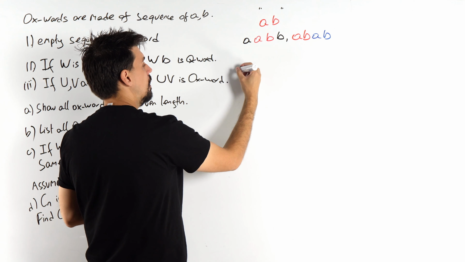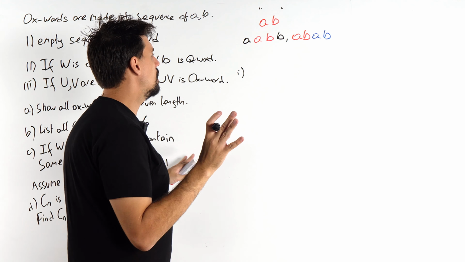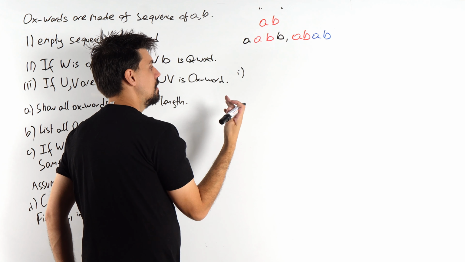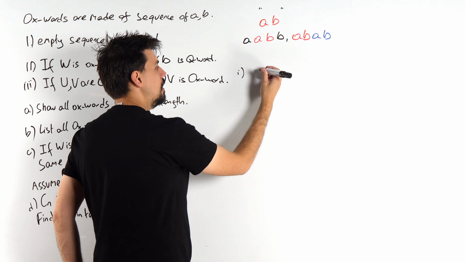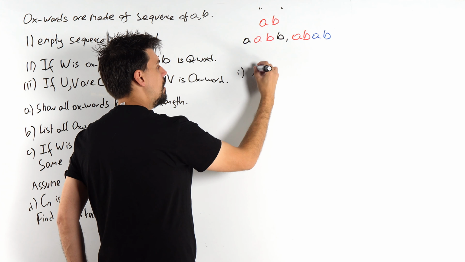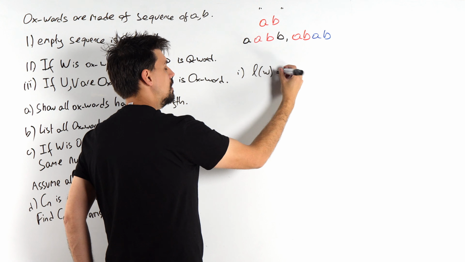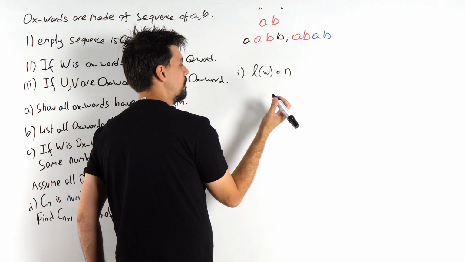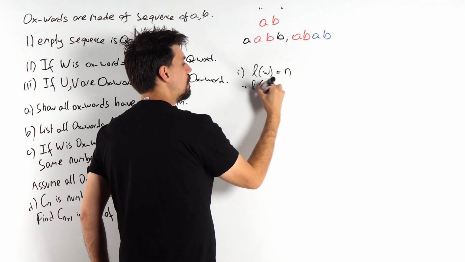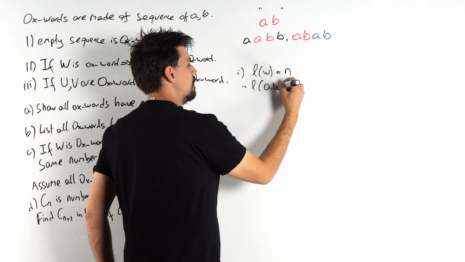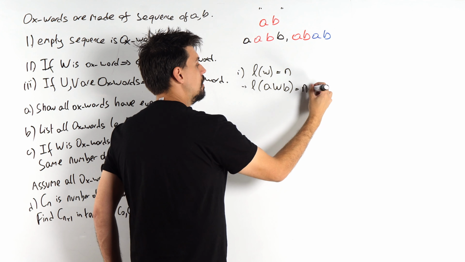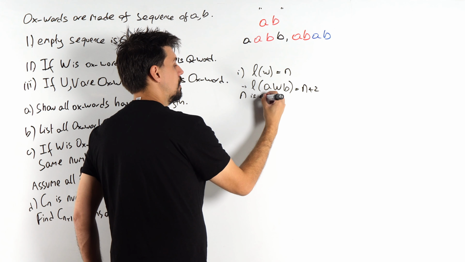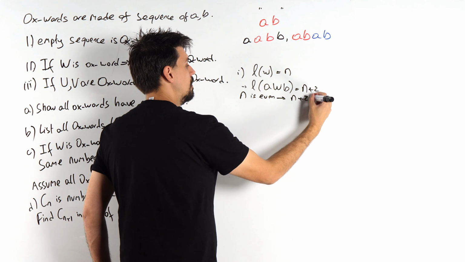So the point is, if the length of W is even, whatever it is, N, then the length of the word AWB is N plus 2. So if N is even, then N plus 2 is even.